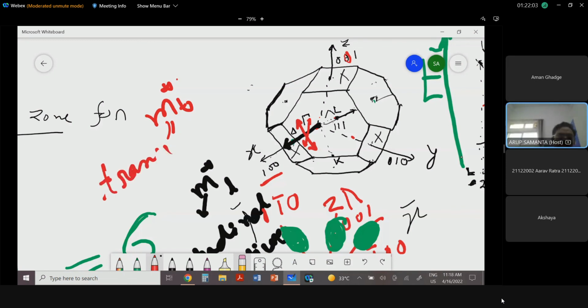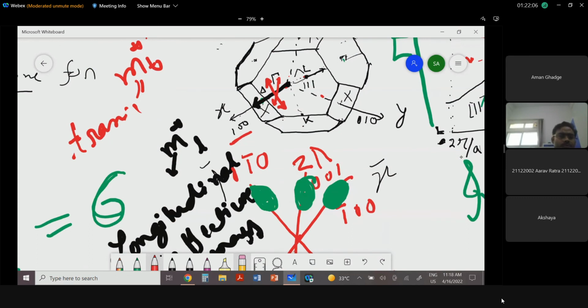This is called MT star, the transverse effective mass.